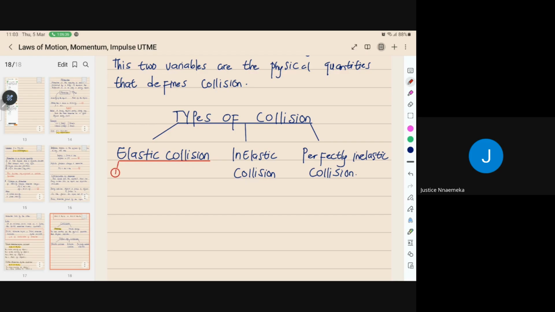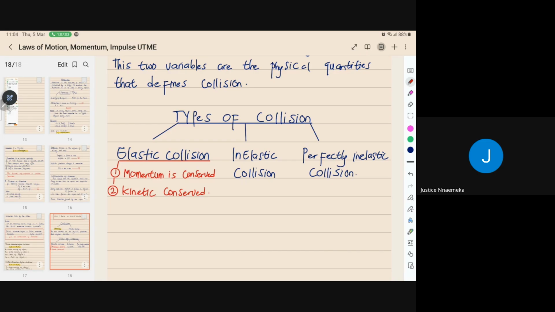So here, momentum is conserved. Also here as well, kinetic energy is conserved. That is for elastic collision, right?